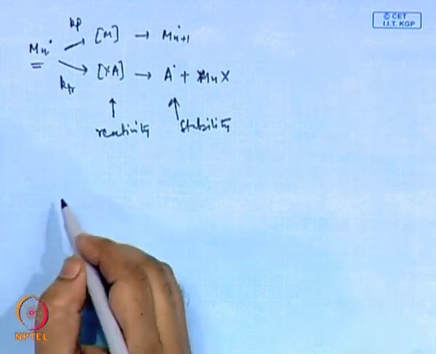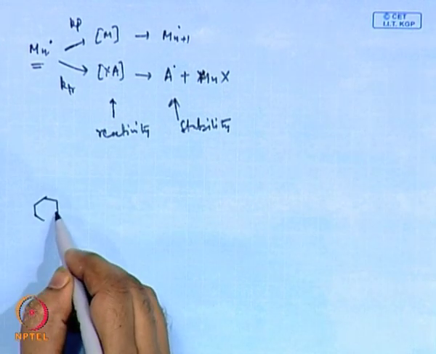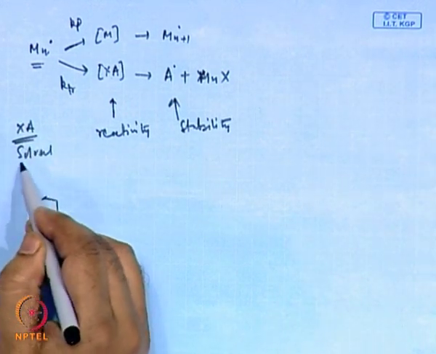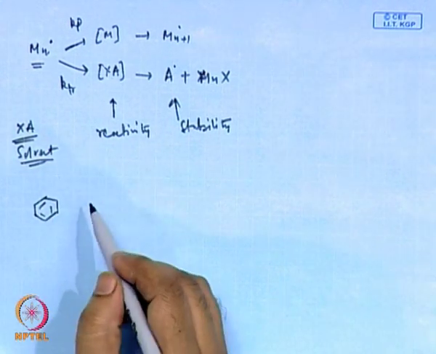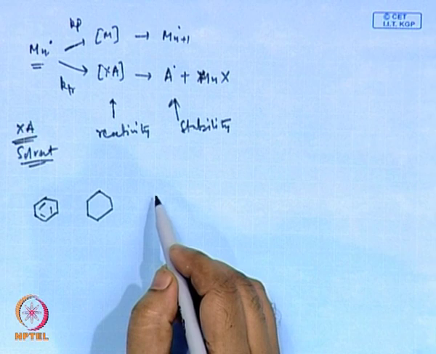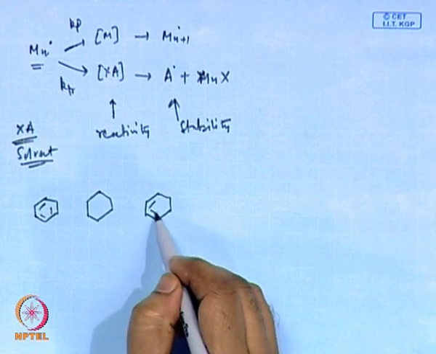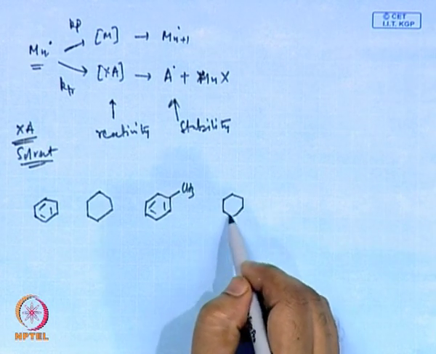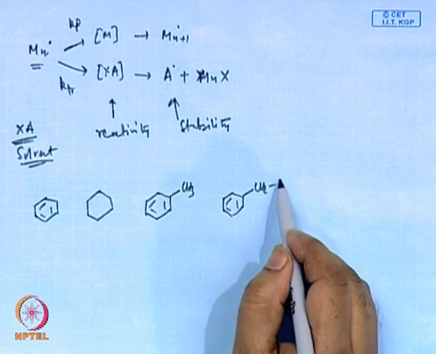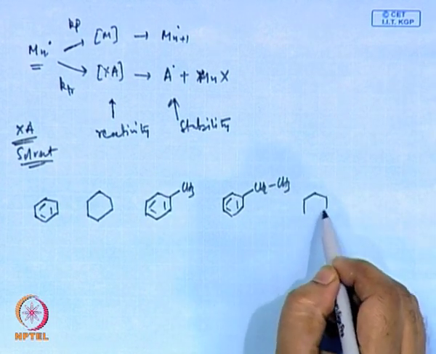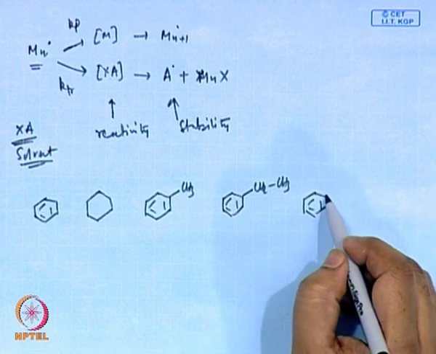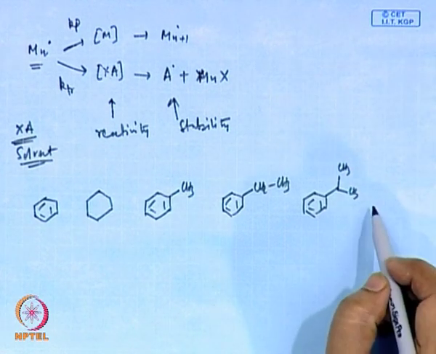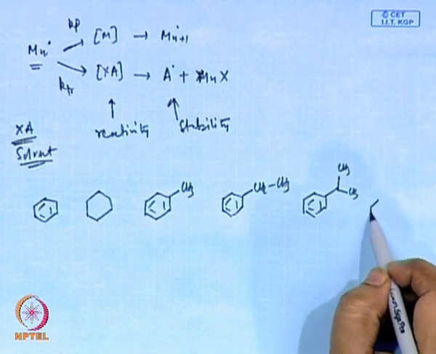Let us consider examples like benzene. We are talking about solvent. Let us consider XA as solvent. So, benzene, cyclohexane, toluene, ethyl benzene, isopropyl benzene and tertiary butyl benzene.